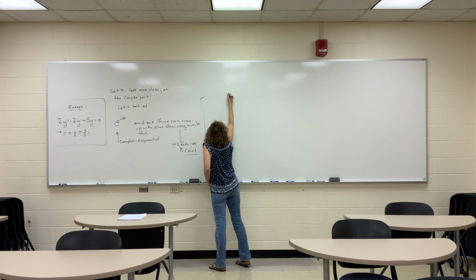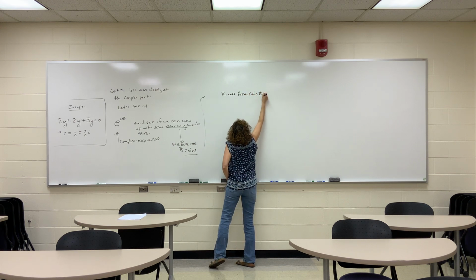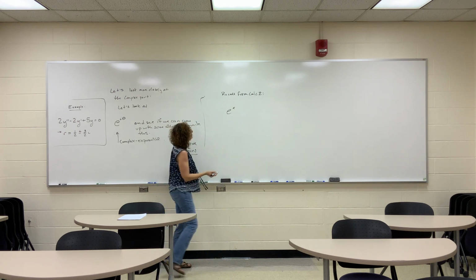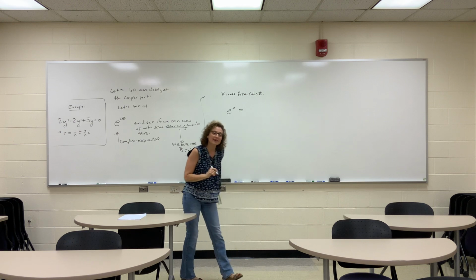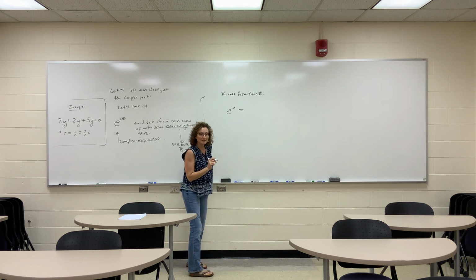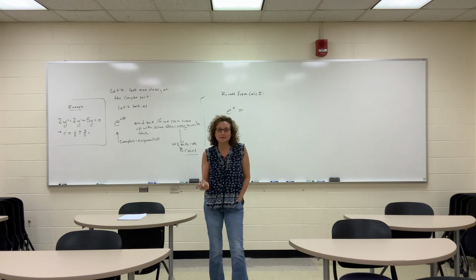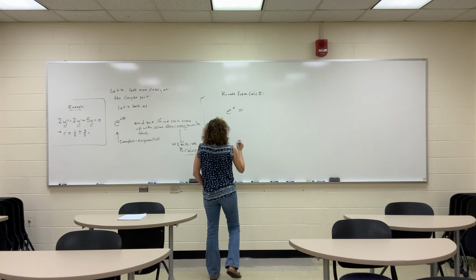You're super, super excited. So let's recall from Calc 2. Let's go to e to the x, right? Can you rattle me off the infinite series for e to the x? Power series for e to the x, the Taylor series expanded about x equals 0 for e to the x, right?